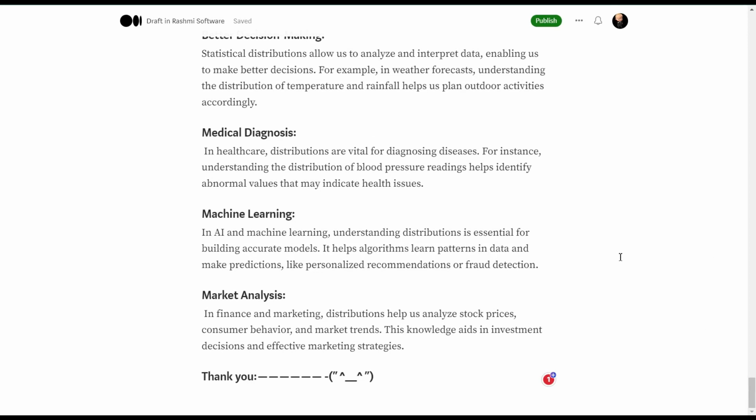Machine learning. In AI and machine learning, understanding distributions is essential for building accurate models. It helps algorithms learn patterns in data and make predictions like personalized recommendations or fraud detection. We all know that in daily life we face lots of spam on Gmail. If you are aware of it, you will ignore it. If you are not aware of it, you can be affected.